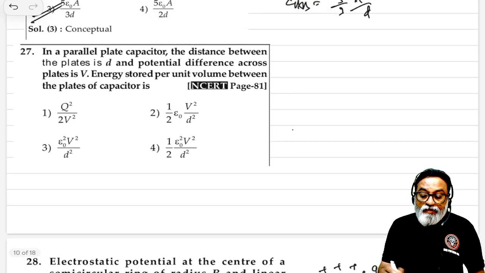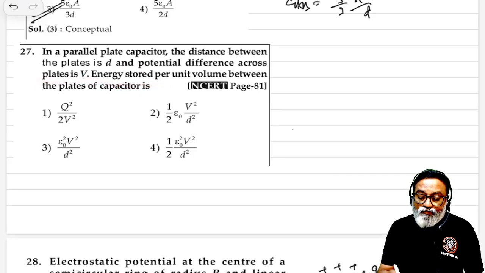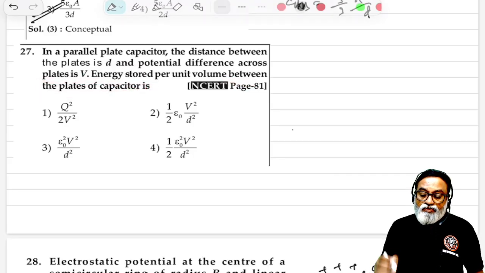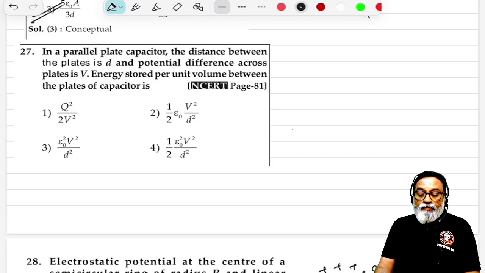Next one. In a parallel plate capacitor, the distance between the plates is d and the potential difference across the plates is V. Energy stored per unit volume between the plates of the capacitor, that is nothing but energy density.